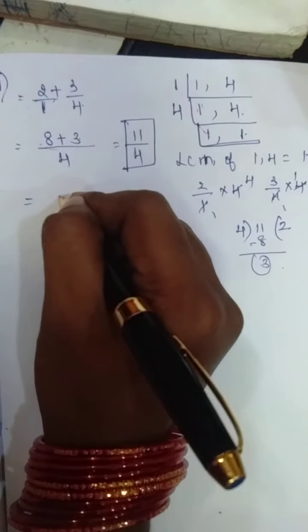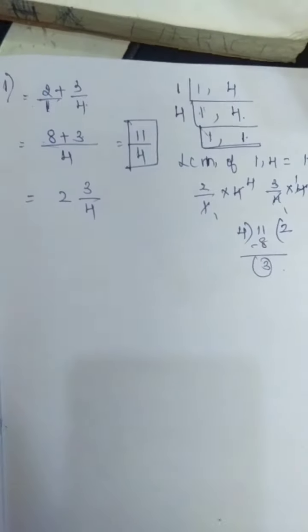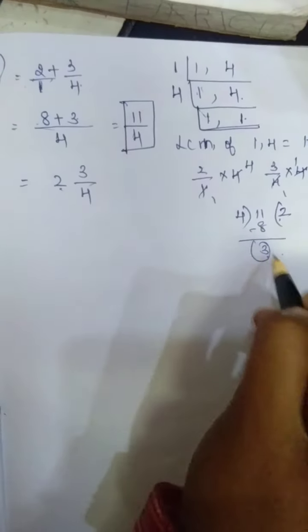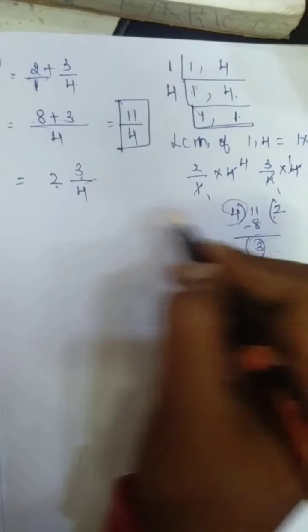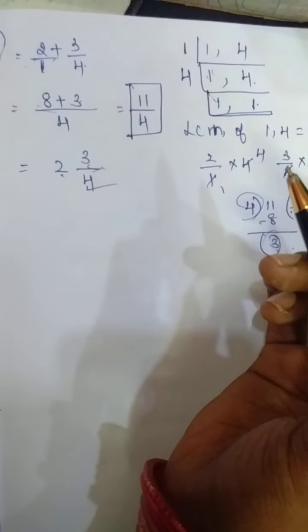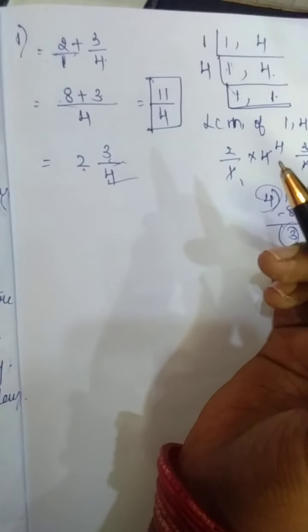Okay, now this can be written as a mixed fraction, 2 3 by 4. Okay, 11 by 4 is equal to 2 3 by 4, your mixed fraction. The quotient 2 is written here, the remainder is in the numerator, and the divisor is in the denominator. Clear? This is how you have to represent the mixed fraction.